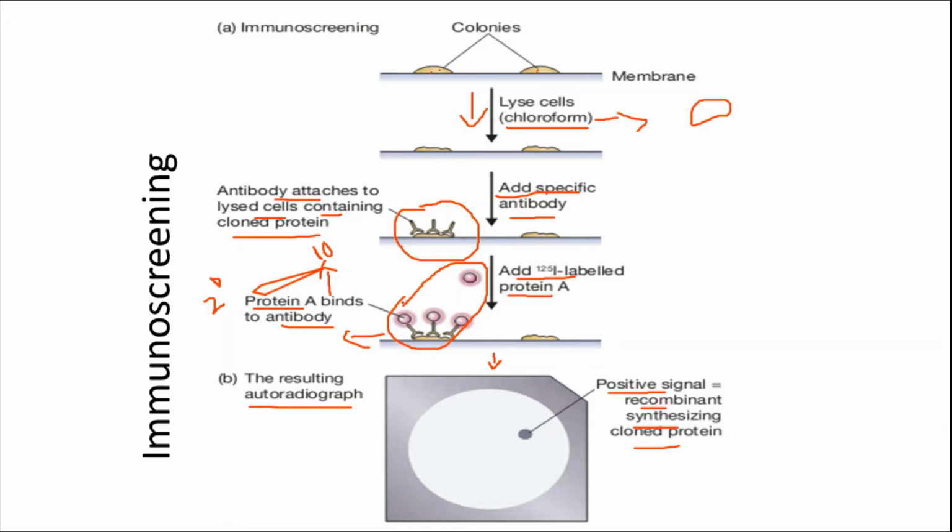It's a very simple procedure once we have the primary and secondary antibodies. The important matter is how we produce the primary and secondary antibodies against the cloned gene's expressed protein. Yes, this is very important.